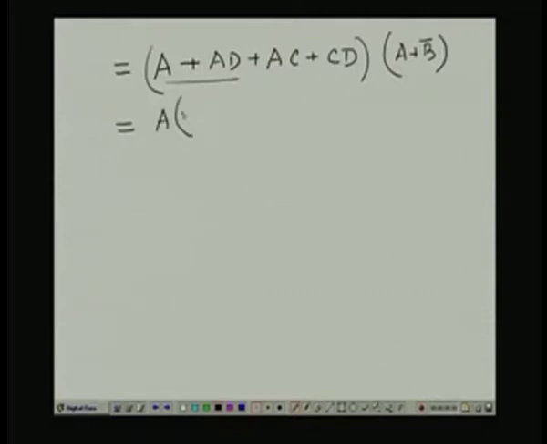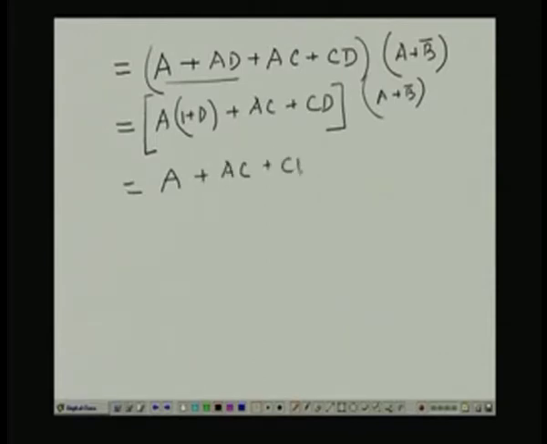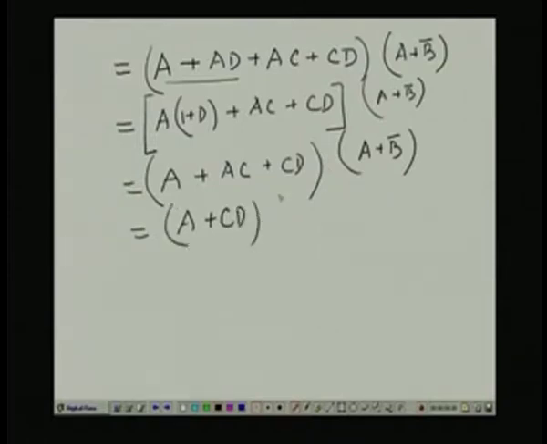So, this becomes 1 plus D, plus A C plus C D, into A plus B bar. Now, from here again 1 plus D equals 1. So, this becomes A plus the term A C plus C D, into A plus B bar. Now, applying the same rule, A plus A C becomes A into 1 plus C, equal to 1. So, this becomes A plus C D, into A plus B bar.